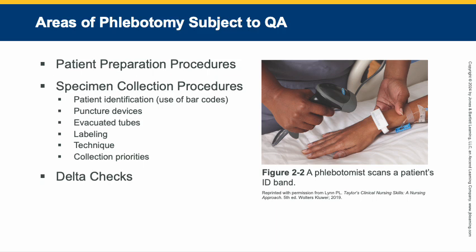However, the correct label must be placed on the correct patient specimen. And the date, time of draw, and ID of the person collecting the sample must be noted. So every time you draw a tube on a patient, you're going to put the date, the time you drew it, and your initials, so that they can match it up with who drew it. You also need to make sure this is labeled at the patient's bedside.